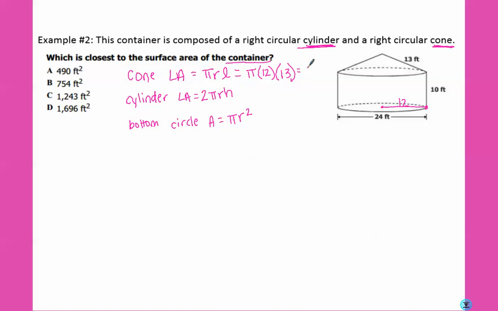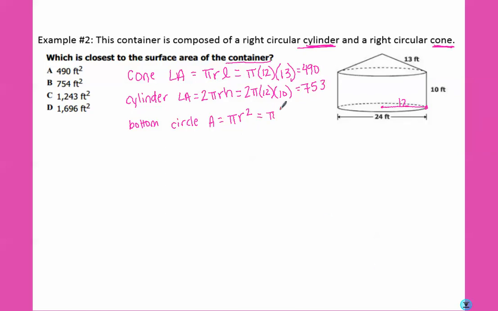To simplify things, I'm going to just do pi times 12 times 13. Nope, sorry, that included the pi. So if I type that whole thing in, it comes out to about 490. For the cylinder, I'd have 2 times pi times 12 times 10, which gives me about 753.